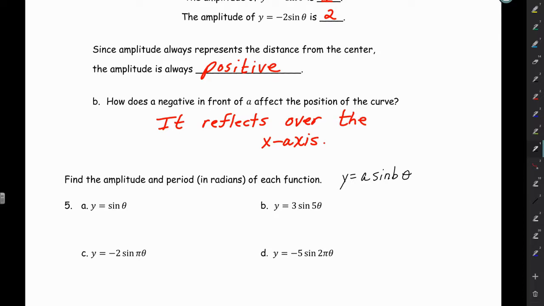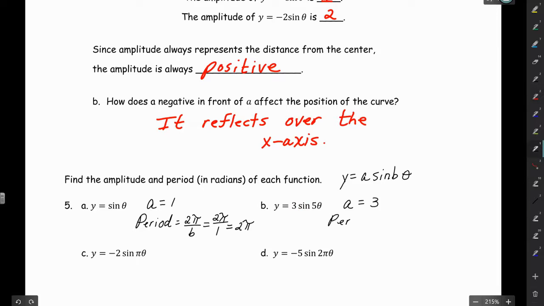So for letter A, the amplitude is equal to 1, and the period, which is going to be 2 pi over B. B is 1, so it's 2 pi over 1, or 2 pi. For letter B, the value of A is 3, and the period is going to be 2 pi over B. B is 5, so the period is 2 pi over 5.